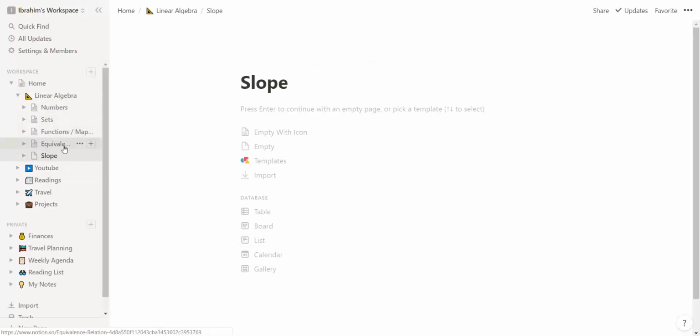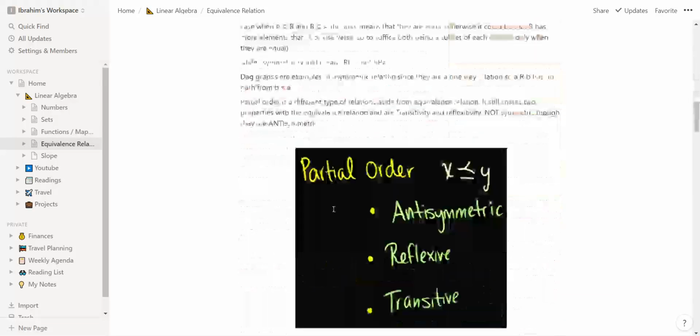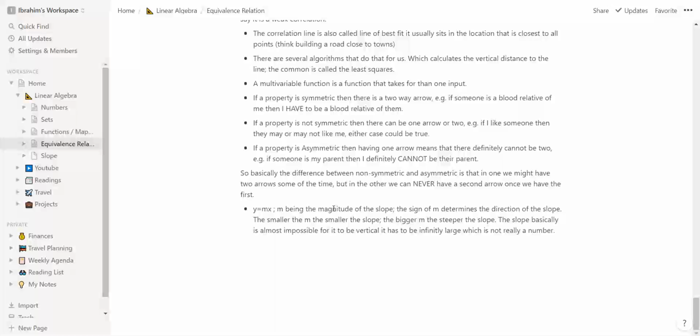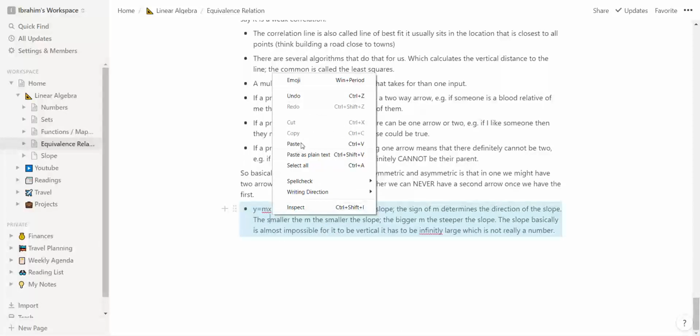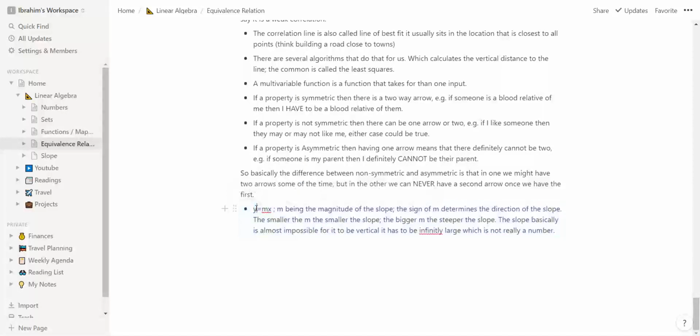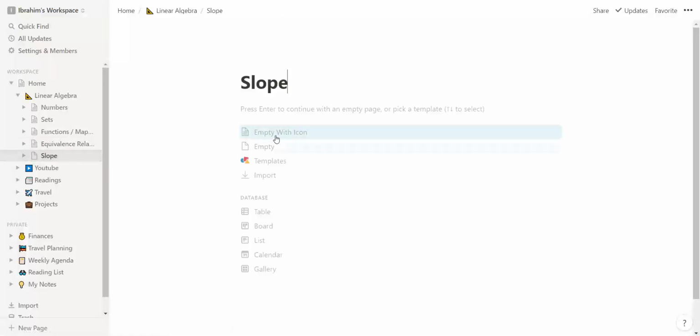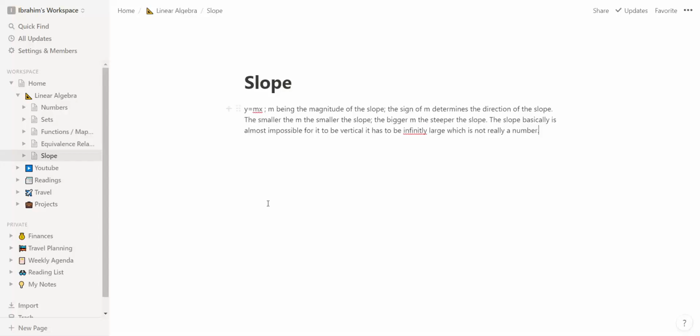Let's copy the necessary information from here and move it to the slope page.